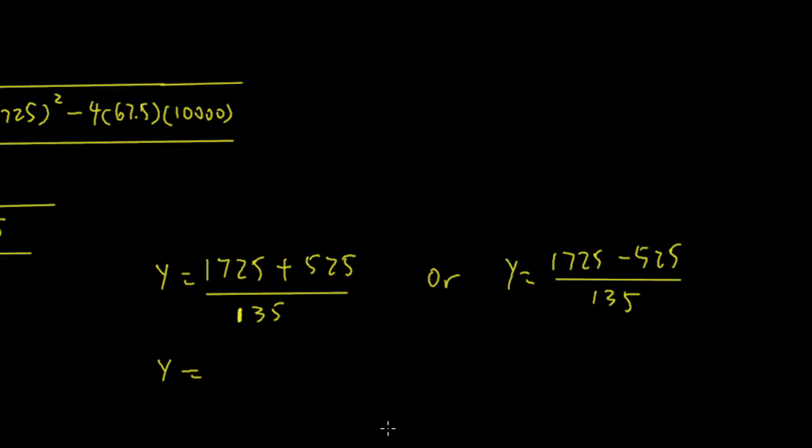Now let's calculate this. That one is 16.6667. Let's use 4 decimals for now. Or y equals 1725 minus 525, divided by 135, is 8.8889. Round it up. Okay, so we have two y values.